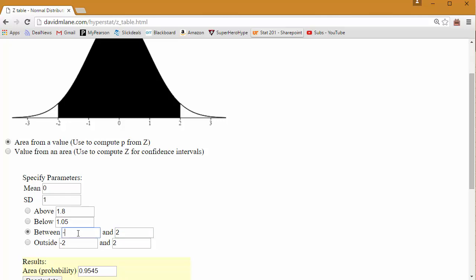Decimals just keep carrying out. 99.7 is virtually identical, but it's 99.73. You don't need to know the extra decimals, but it's why you don't get exactly 5% outside. But still, remember, and we use this a lot, 68, 95, 99.7, but you can get the exact numbers from the applets, and that's why we love them.